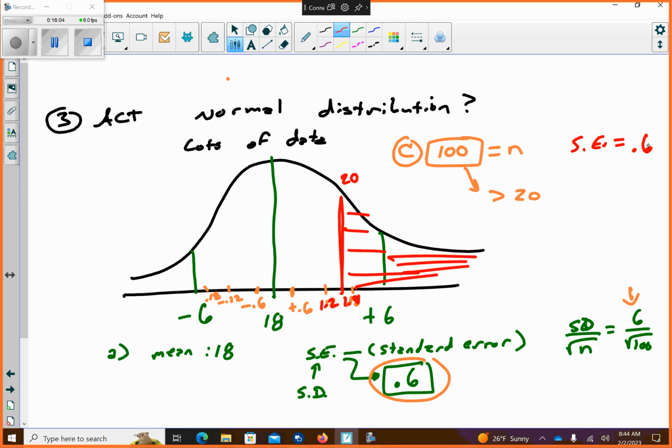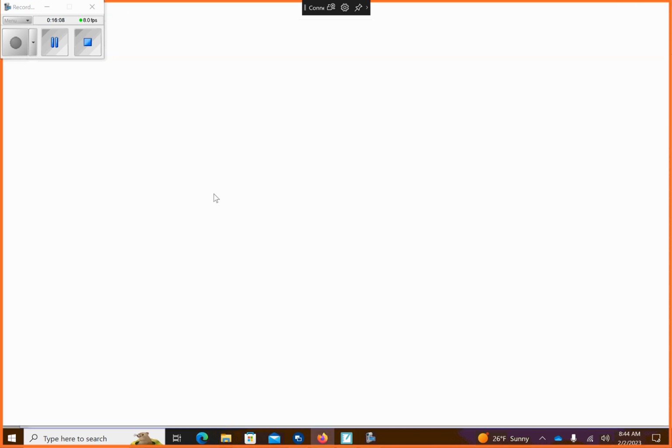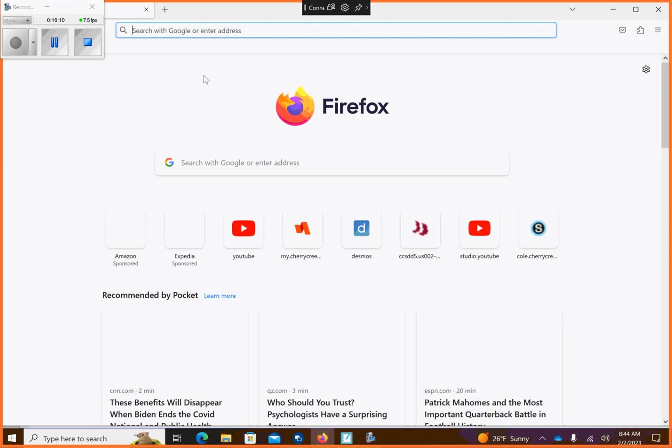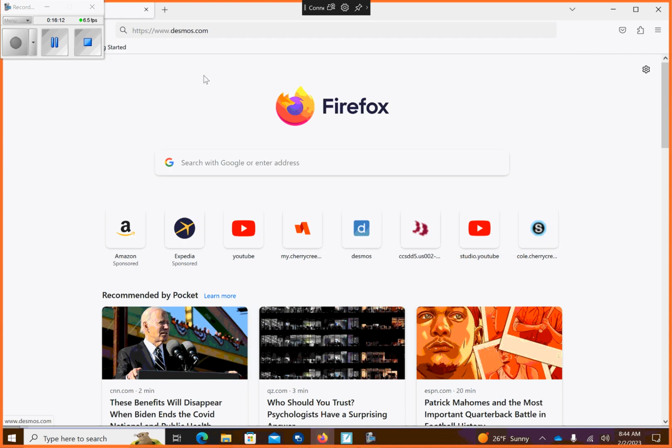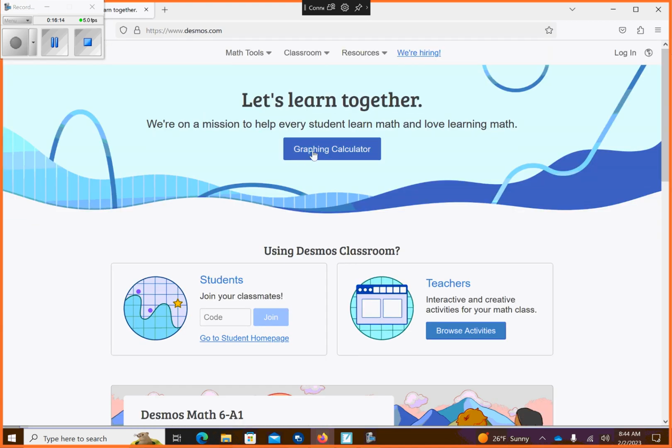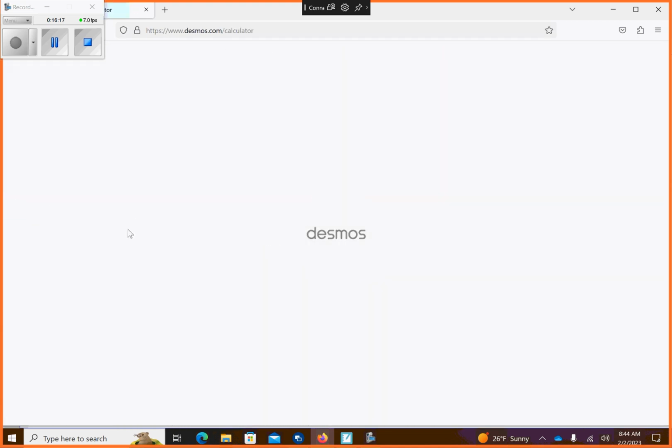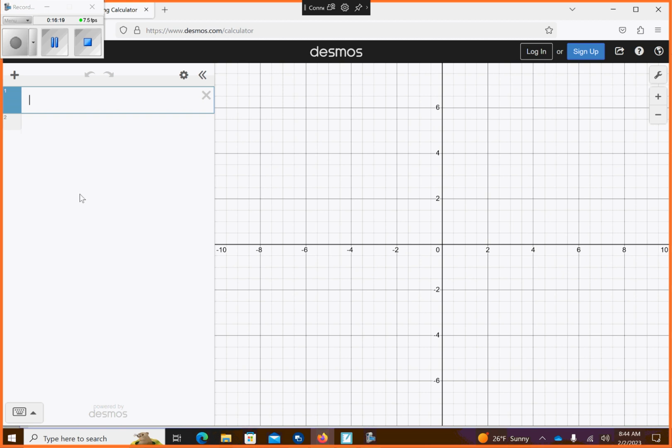Now, let me show you this two different ways, just so you can kind of fathom what's really taking place here. So our buddy Desmos comes in. And I'm going to do our normal distribution based on our mean and our population.